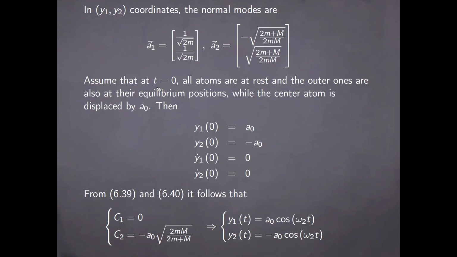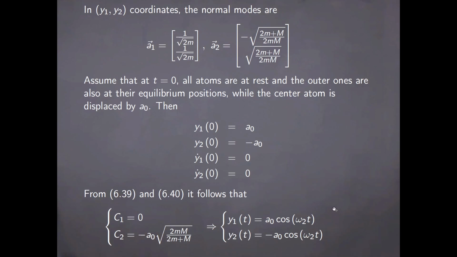Now, we can assume that at the initial moment, all atoms are at rest, and the outer ones are also at their equilibrium positions, while the central atom is displaced by an amount A0. Then this is the corresponding set of initial conditions written in internal coordinates, and if we use equations 639 and 640, we can immediately calculate the scaling factors for the two modes, and we can find the laws of motion in internal coordinates.